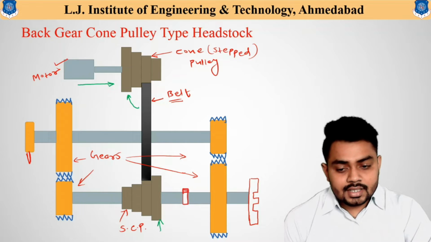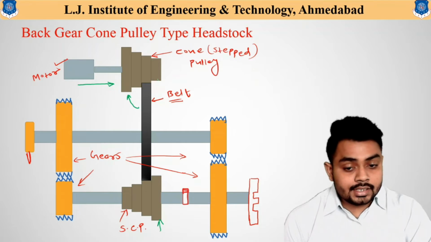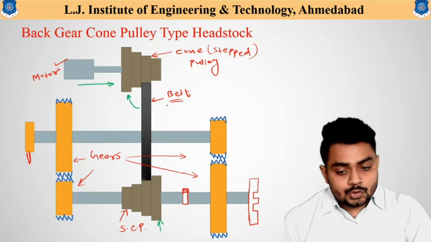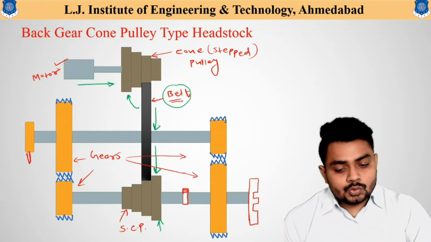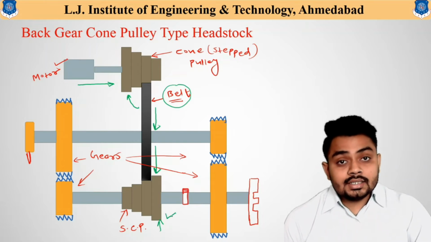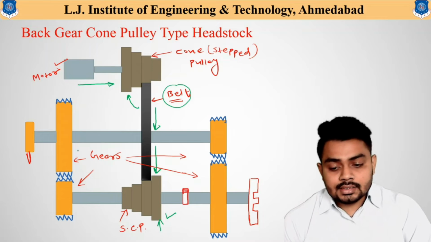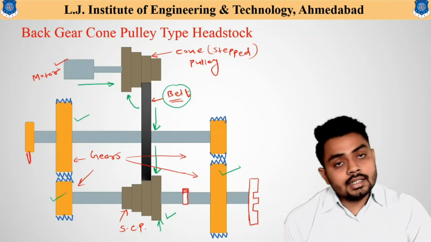So the power is transmitted from the motor to the step cone pulley, and through this belt connection the power is transmitted towards the other step cone pulley. During the initial normal condition, these gears are not attached, or are disengaged from these two normal gears.